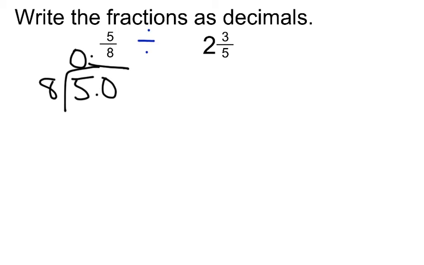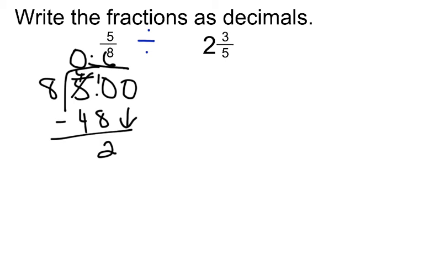8 can't go into 5, so it gives us a 0. Then we have to add a decimal after the 5. And then we look at the 5 as 50. So we can see that 8 can go into 50 6 times, which gives us 48. So when we subtract, we get 2. Add another 0, because we can't have a remainder if it's a decimal.